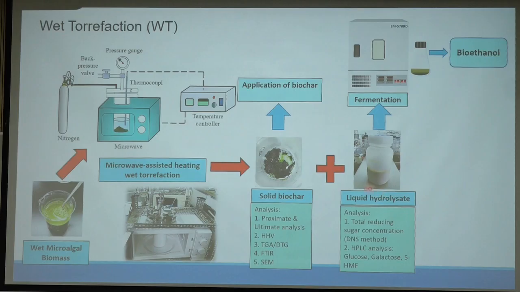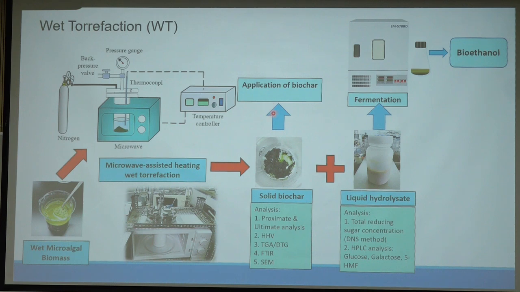We found that it has a sufficient amount of reducing sugar, which enables us to convert it into bioethanol. Similarly for the biochar, we do the proximate and ultimate analysis, HHV, TGA, FTIR, and SEM analysis, and see what the potential applications are.